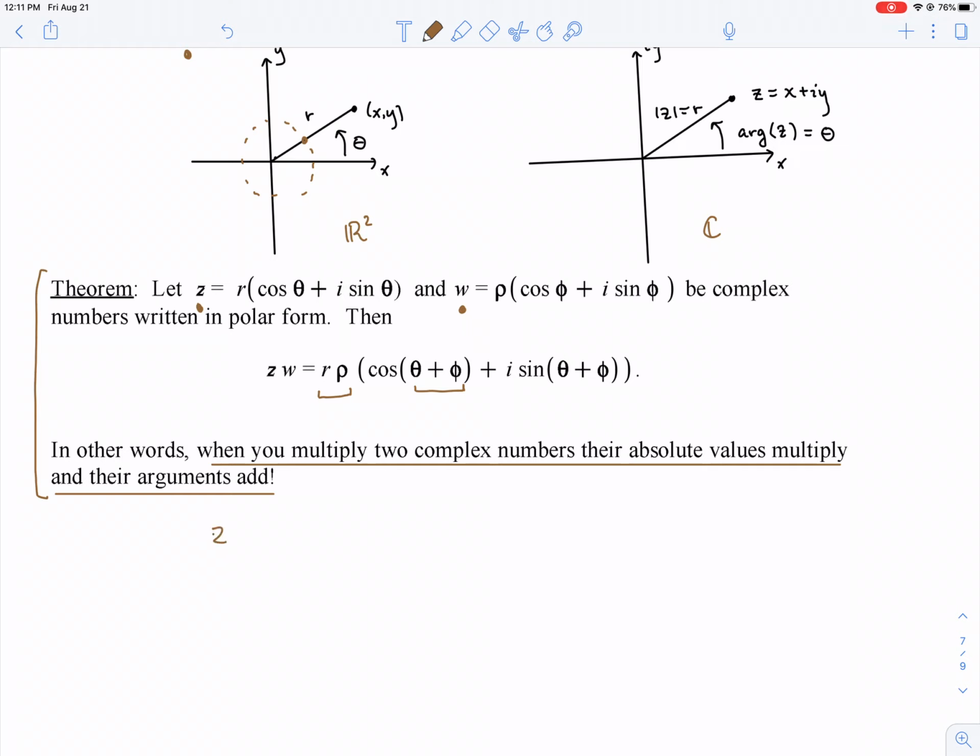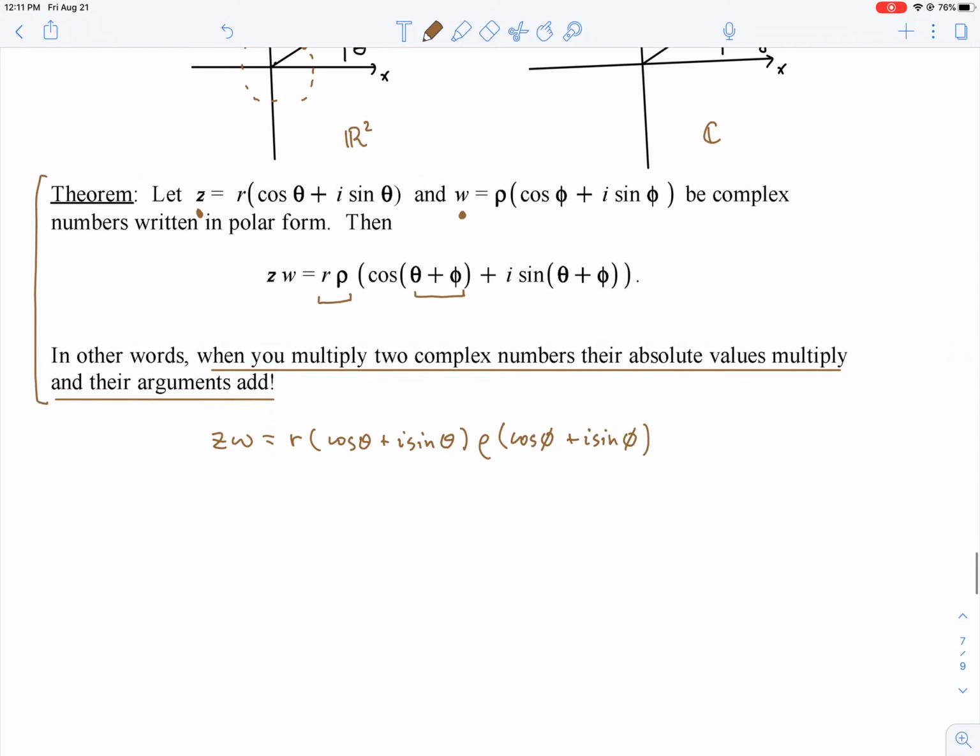So let's do it. zw is r times (cos theta plus i sine theta) times rho times (cos phi plus i sine phi). That gives me r rho, and then let's compute the real part of the trig product.